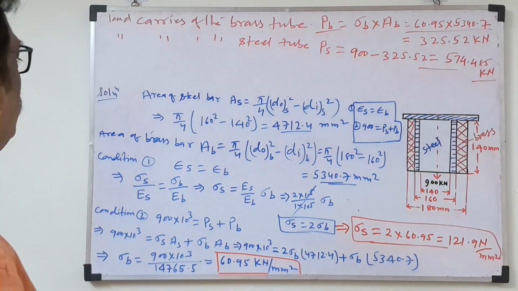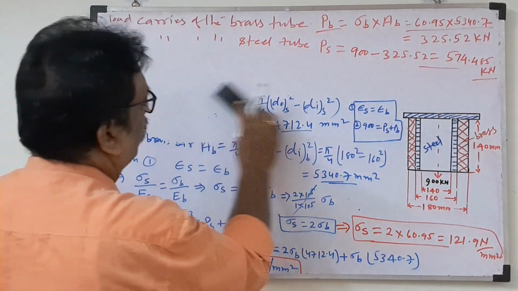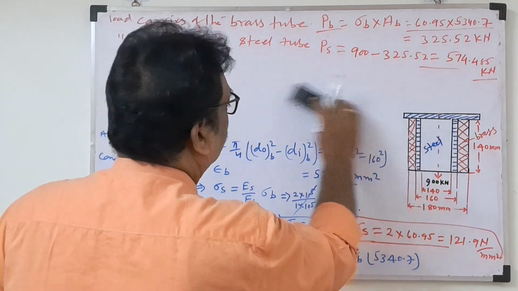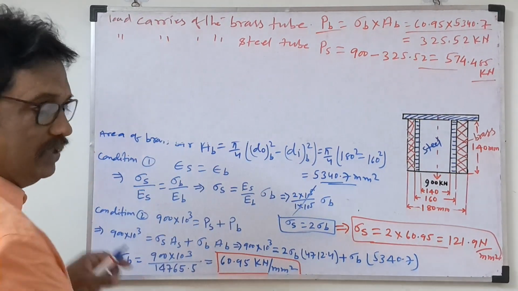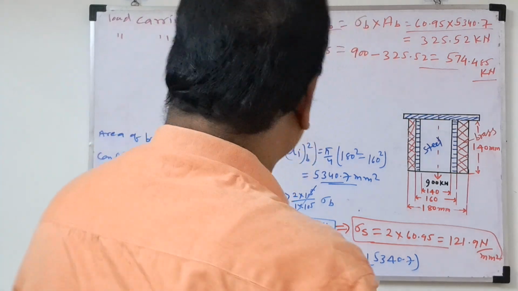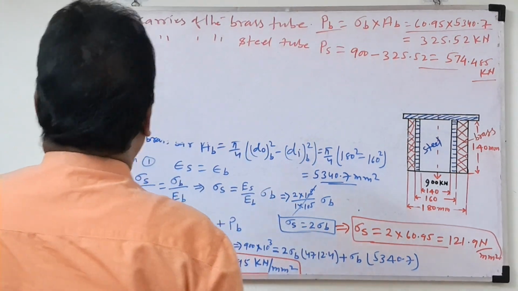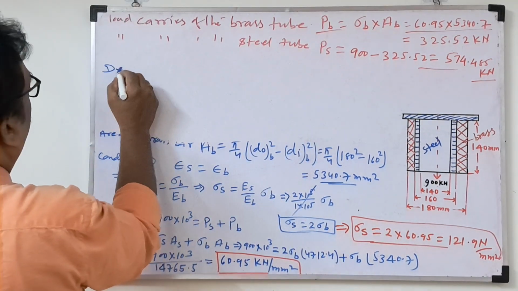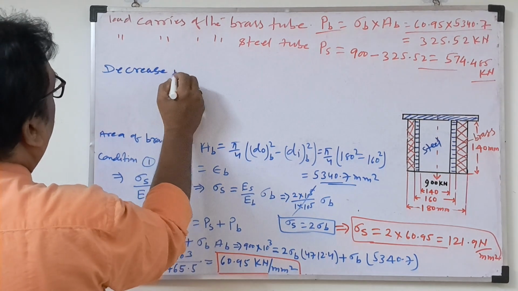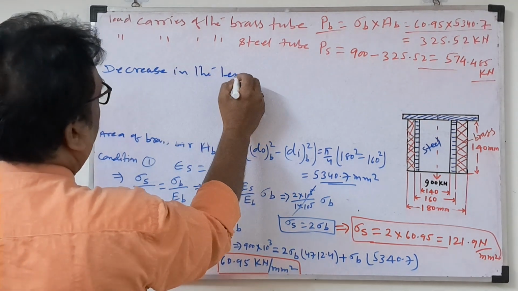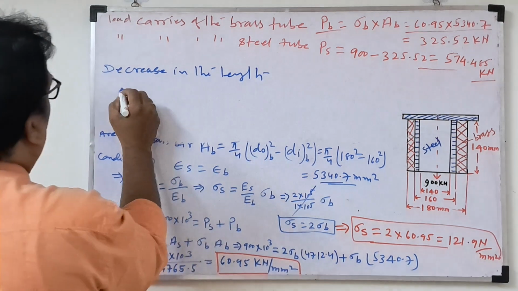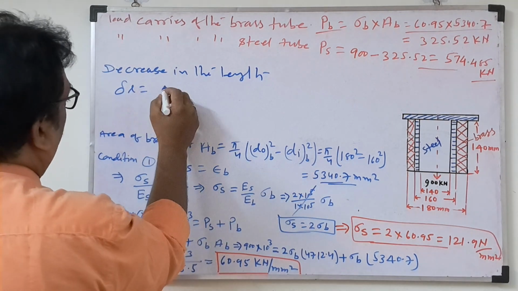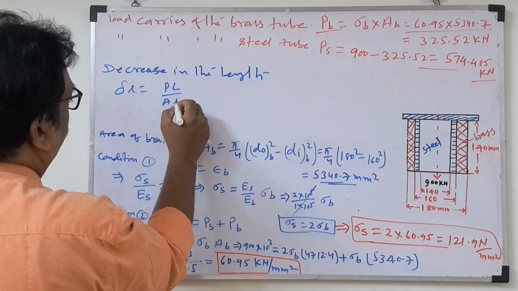Now the final part: shortening of the length, that is, the decrease in length. We already know delta L equals PL by AE.